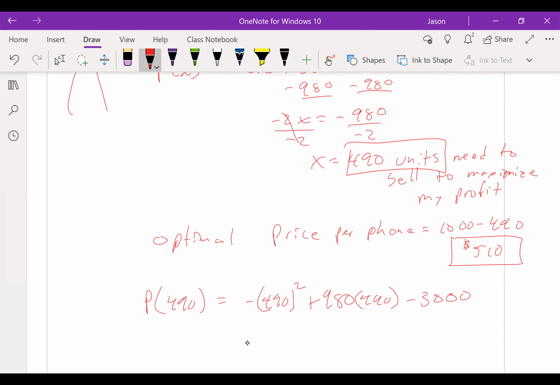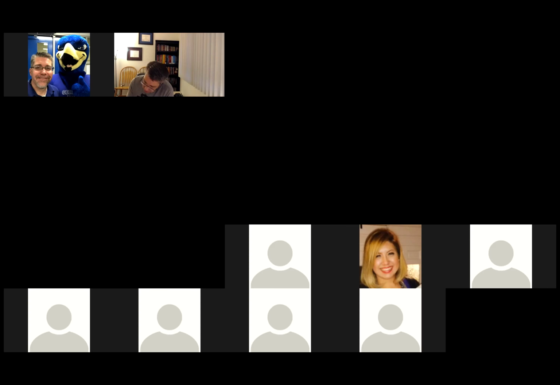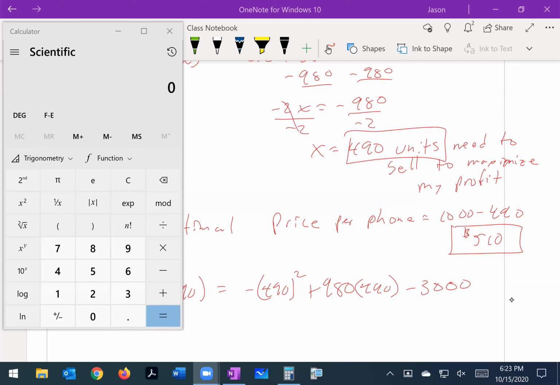Okay, so I plug this all into a calculator. Let me share my screen here. Sharing the screen. Okay, if I plug this into a calculator, I will get 490 squared. I'll make that negative.